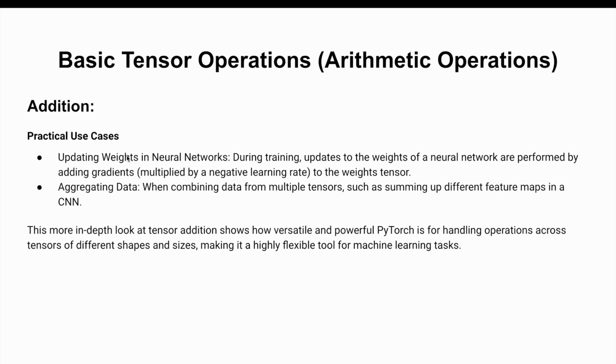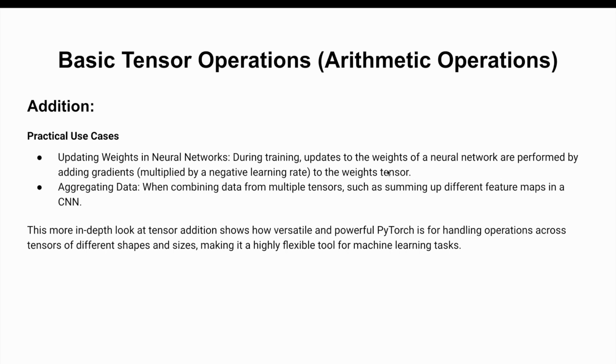This can be used in updating weights in neural networks, like the addition operator. During training of our models, updates to the weights of the neural network are performed by adding gradients multiplied by a negative learning rate to the weight tensor.